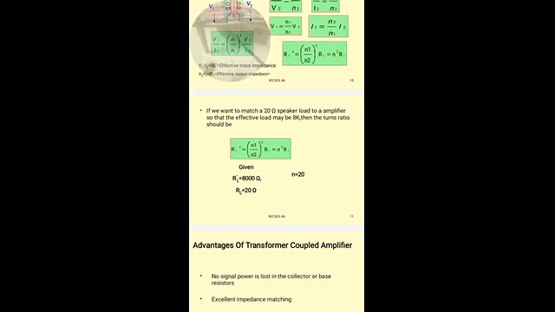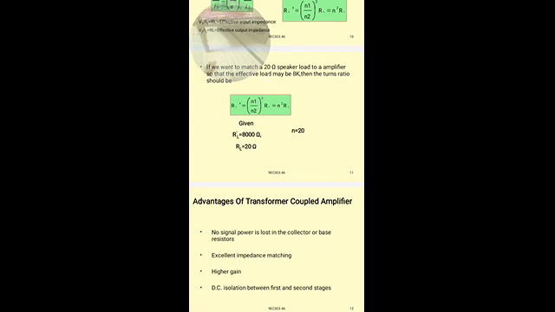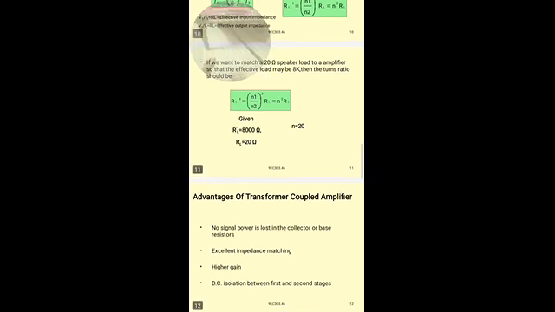Coming to the advantages of the transformer coupled amplifier. Here no signal power is lost in the collector or base resistors, because the resistance of the primary winding and the secondary winding of the transformer is almost negligible, so there is almost no loss in the collector and base circuits.